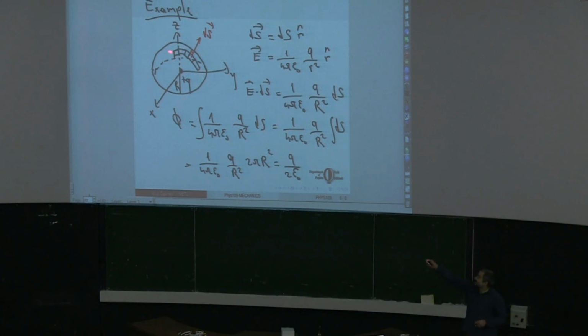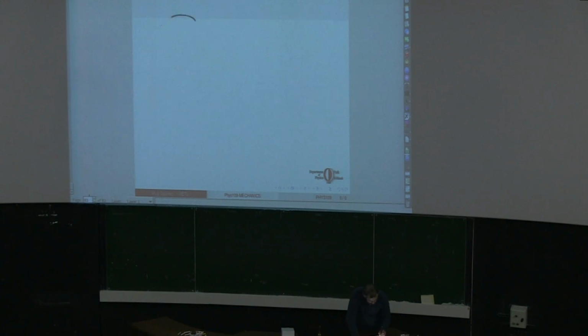Well, whether taking a hemisphere or a full sphere, the derivation would be practically identical. The only difference is that if we had taken a full sphere, let's take a full sphere this time. Here I have some plus q charge.